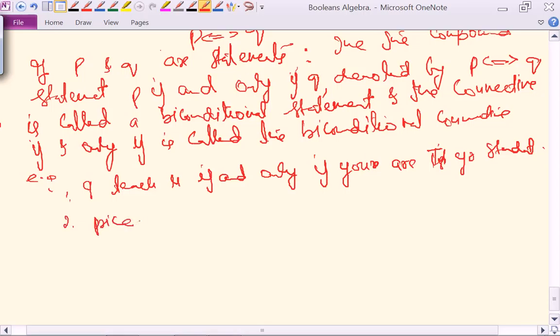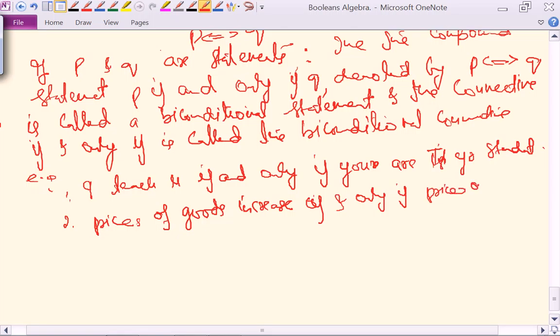Or I can say, prices of goods increase, or we say decrease also. Prices of goods increase if and only if the price of petrol increases. So now these are our biconditional statements, right?